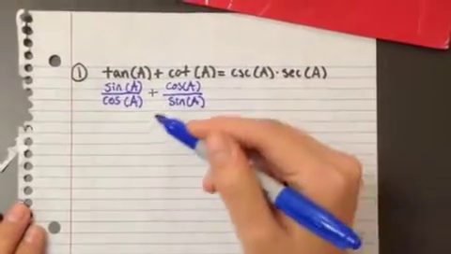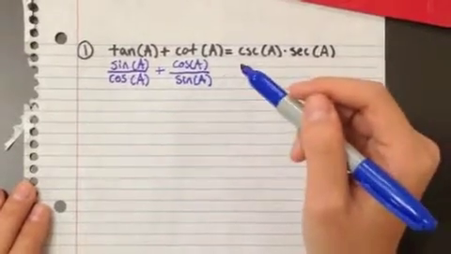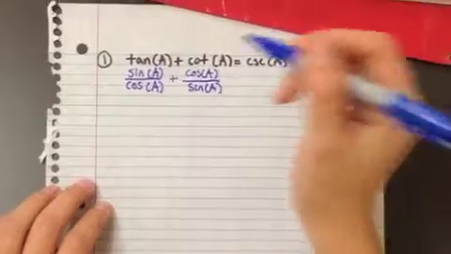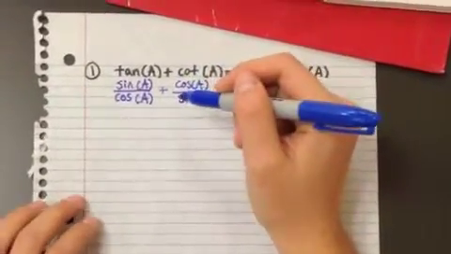Because we know tangent of A is equal to sine of A over cosine of A, and cotangent of A is equal to cosine of A over sine of A. Now that we have two fractions, you have to make them have a common denominator in order to simplify them.